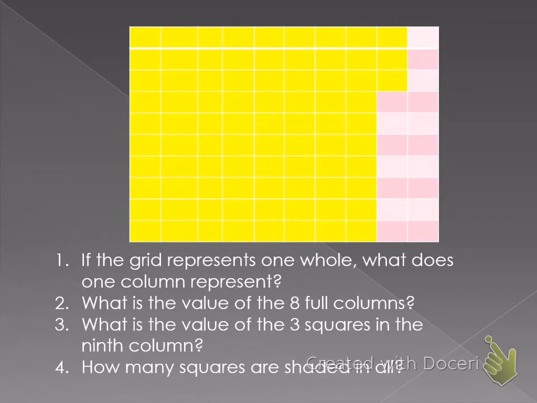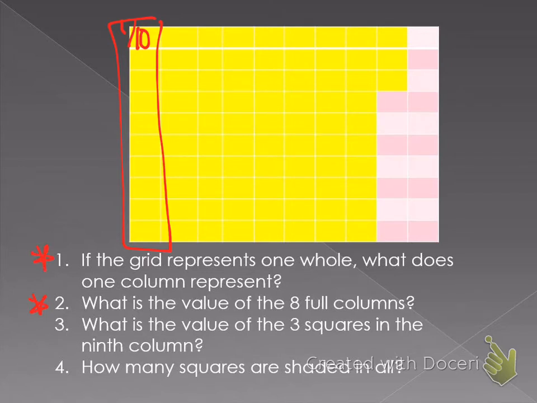The first question I have for you is, if the grid represents one whole, what does one column represent? If each column is a part of my hundreds, we know that each one there are 10 in 100. So the 1/10 would be what one column would represent. So the next question is, what is the value of 8 columns?